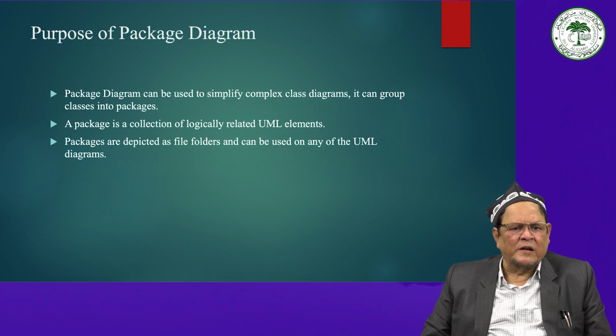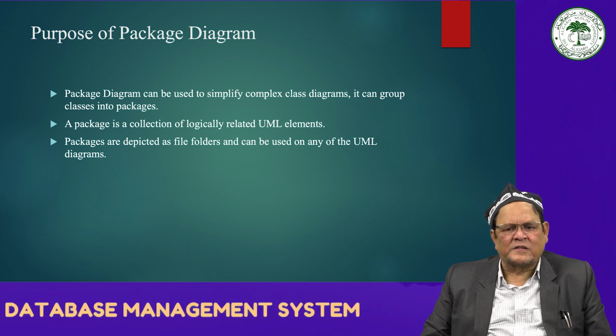Purpose of package diagram: package diagram can be used to simplify complex class diagrams. It can group classes into packages. A package is a collection of logically related UML elements. Packages are depicted as a file folder and can be used on any of the UML diagrams.